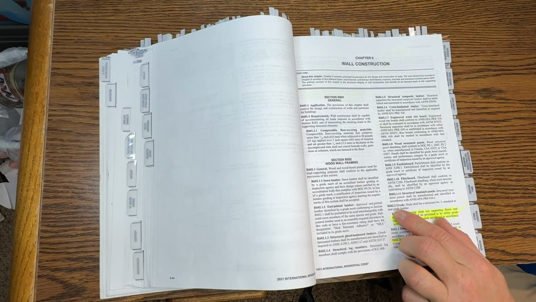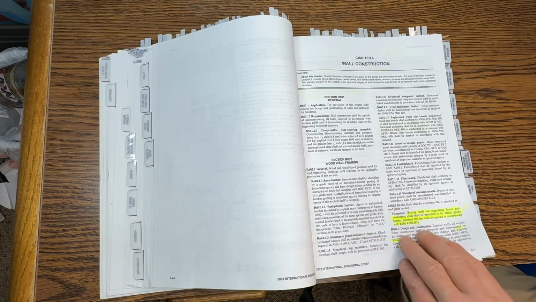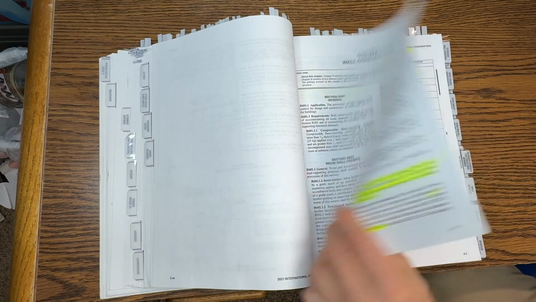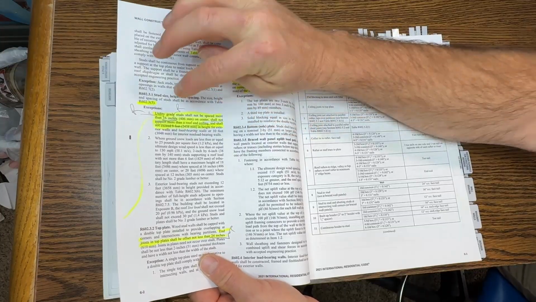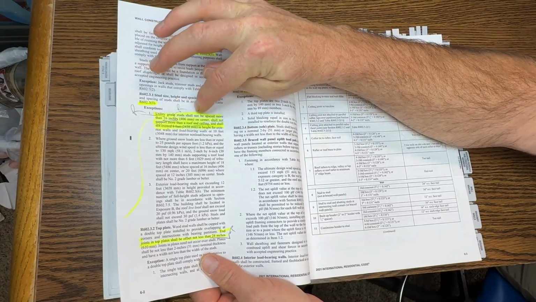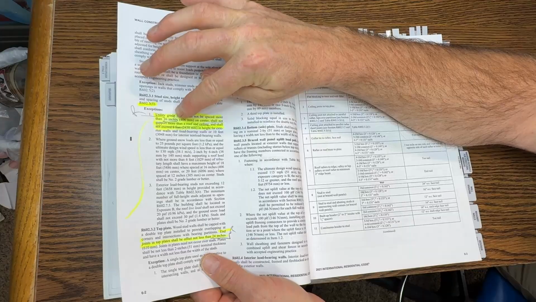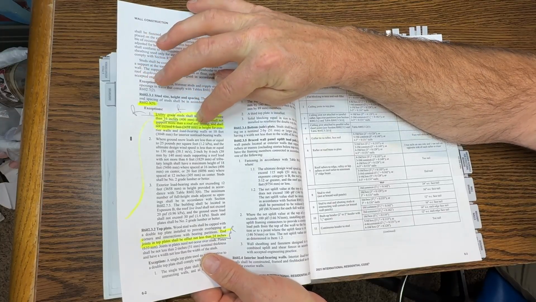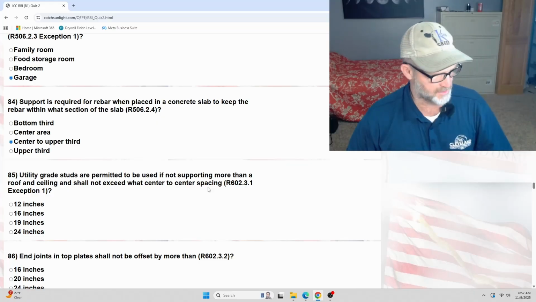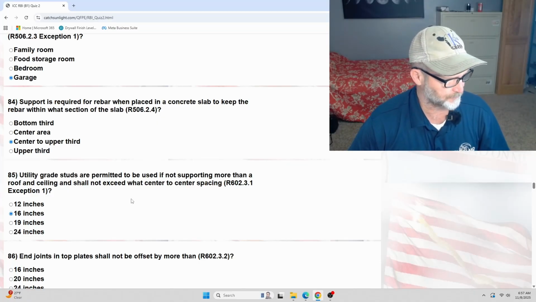R602.3.1, over here. Exception 1: utility grade studs shall not be spaced more than 16 inches on center and shall not support more than a roof and ceiling. So there you go, always 16-inch centers, that's where you're at.